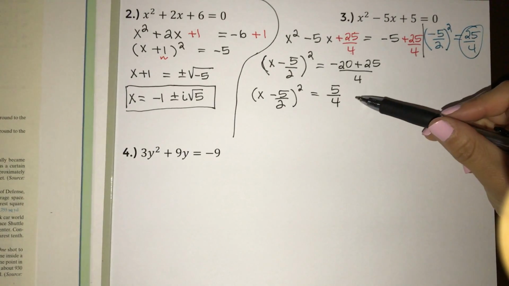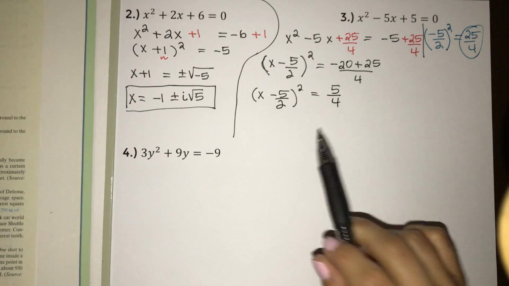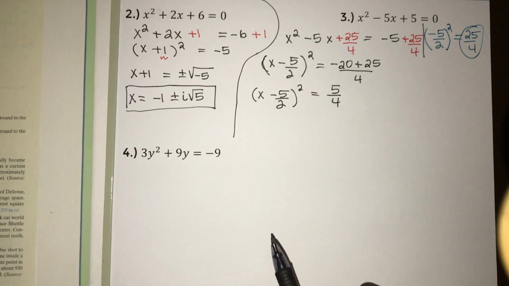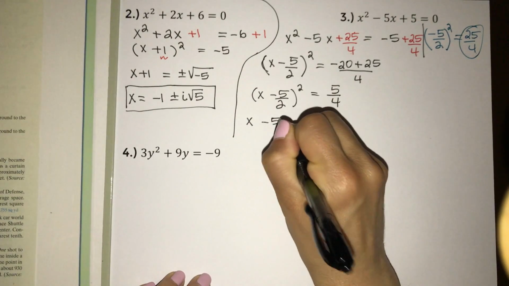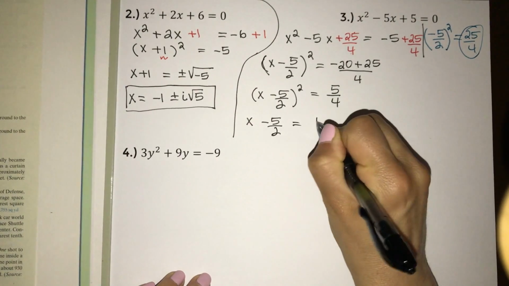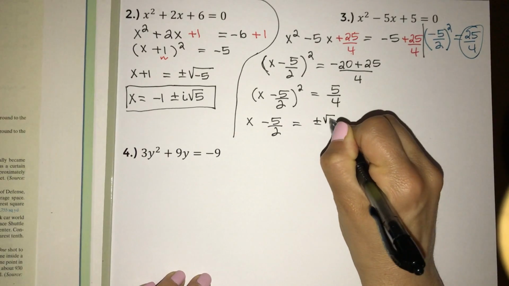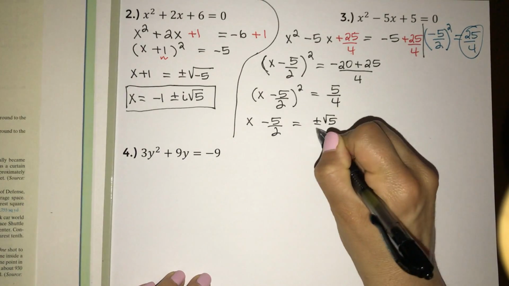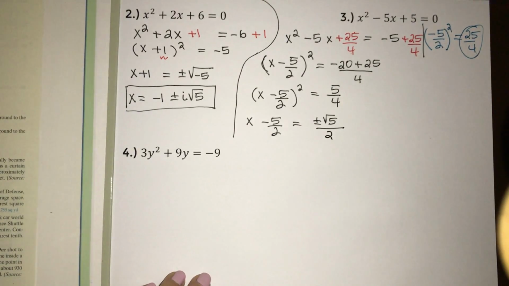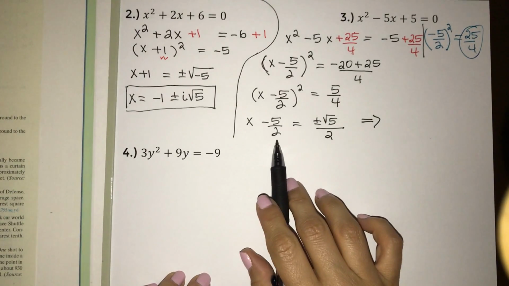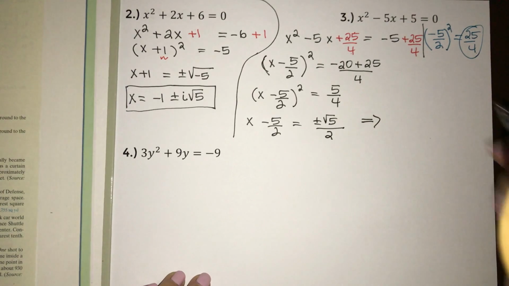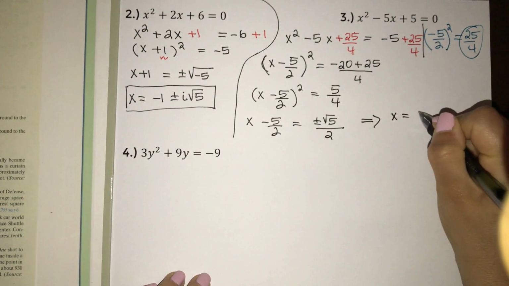We can now use the square root property, so I'm going to square root both sides. Square root of 4 is 2. And our final answer, we need to add 5 over 2 to both sides.